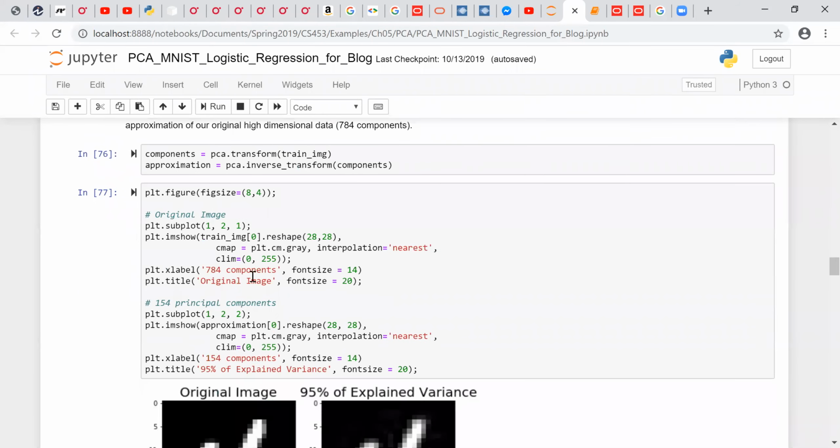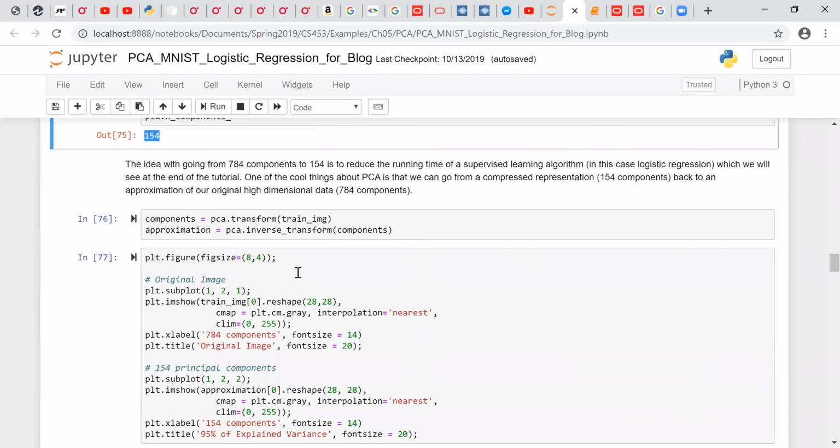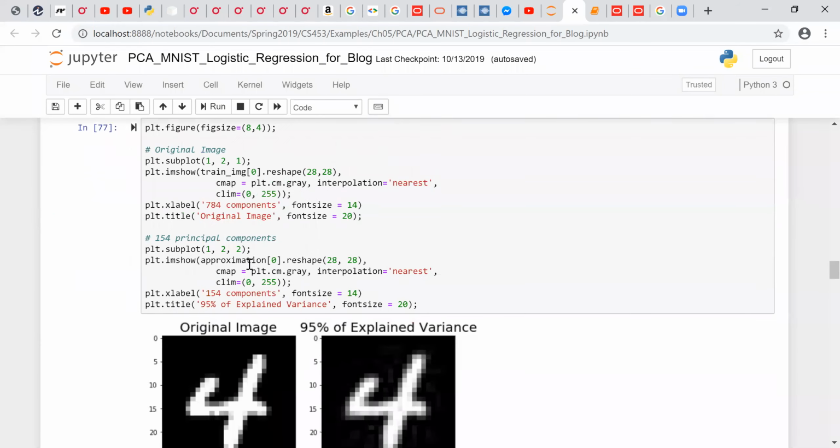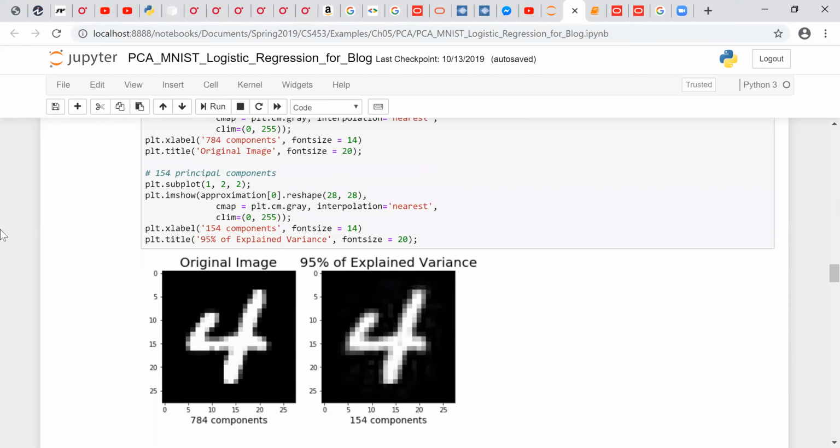And then we can take a look. Previously you have the original, which is 784 components. Now you see it's 154 components, or pixels.